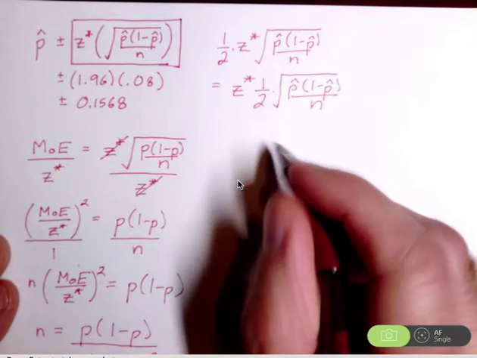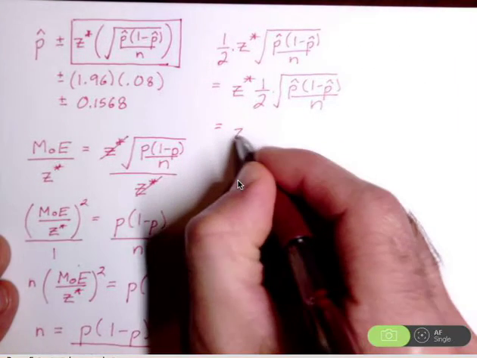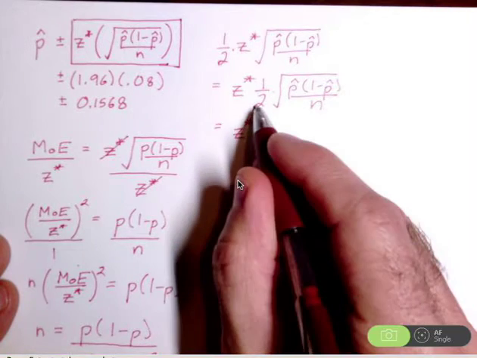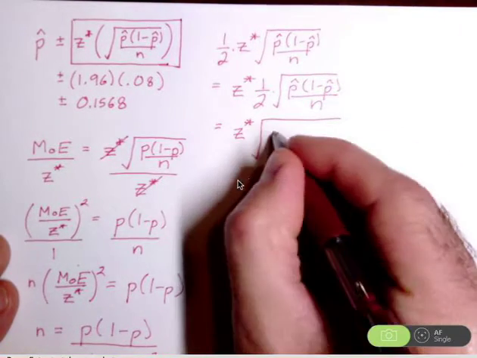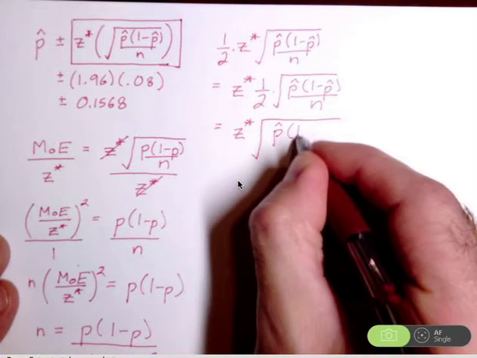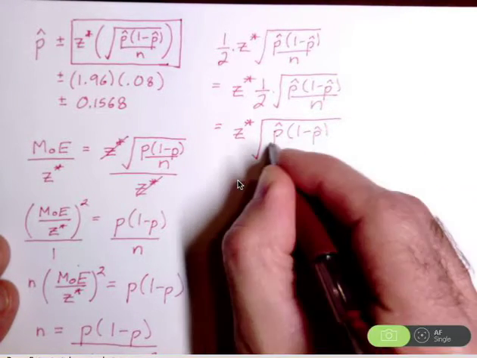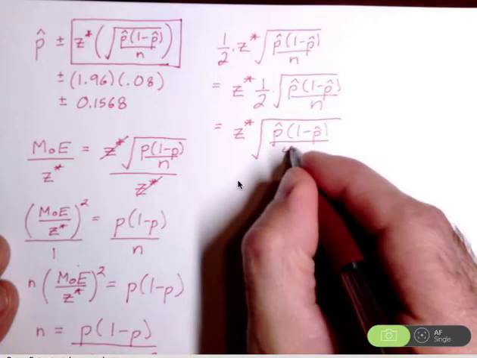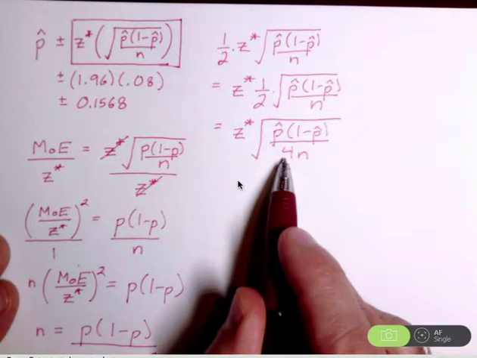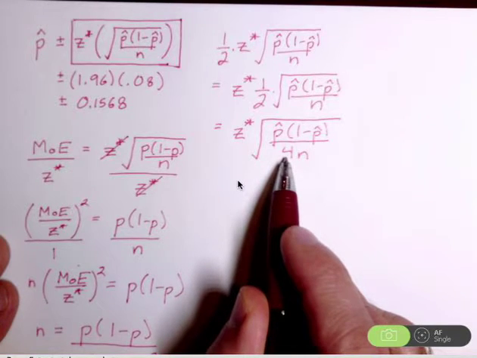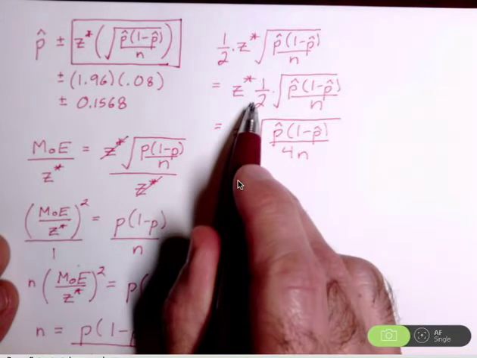Well, that would be a 1/4. So if I want to rearrange this, instead of having the 1/2 outside of the radical, that's the same thing as having my p-hat, my 1 minus p-hat, all over 4n. So that 4 is just like a 1/4 under the radical. If the square root of 1/4 would be the 1/2, here it is.